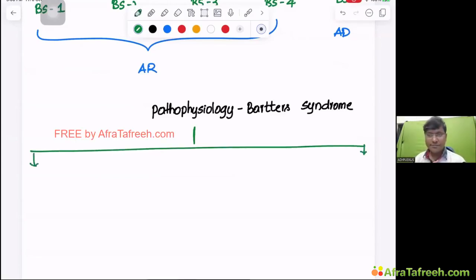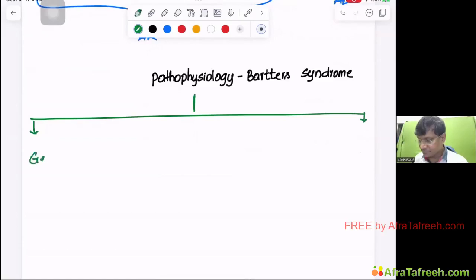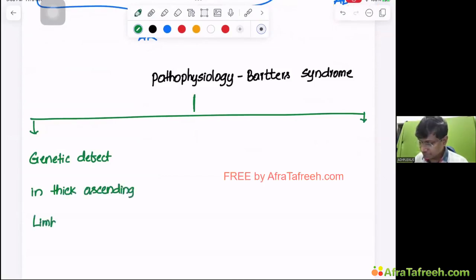First point, there is a genetic defect in the thick ascending limb of loop of Henle.